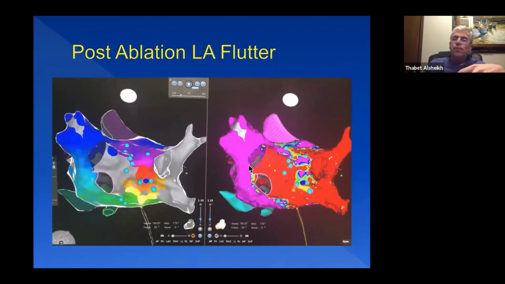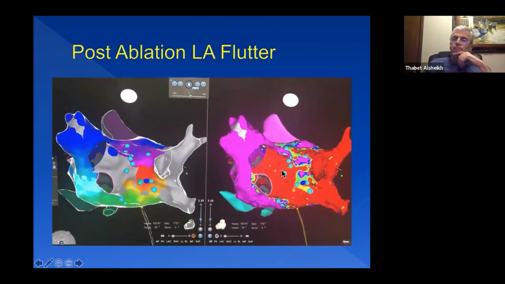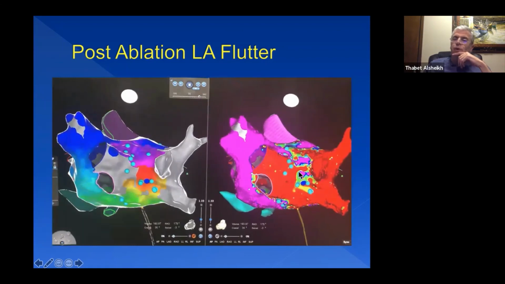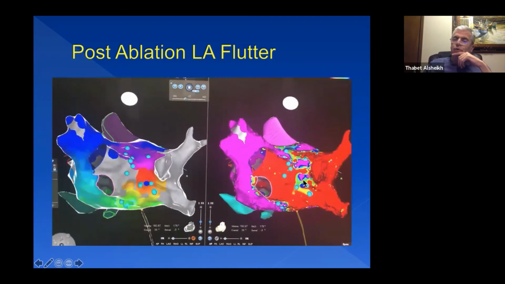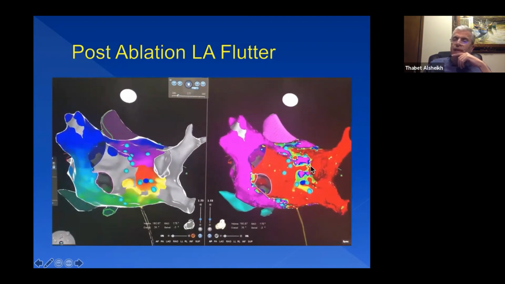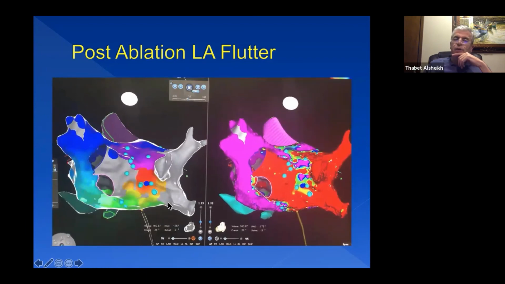In this case, you can look on the right here. Red is dead. This patient, I isolated the pulmonary veins and most of the posterior wall, but came back with a re-entry circuit using this isthmus that we created by ablation, leaving this narrow isthmus for the signal to go around like this, just like you see how it's going around.